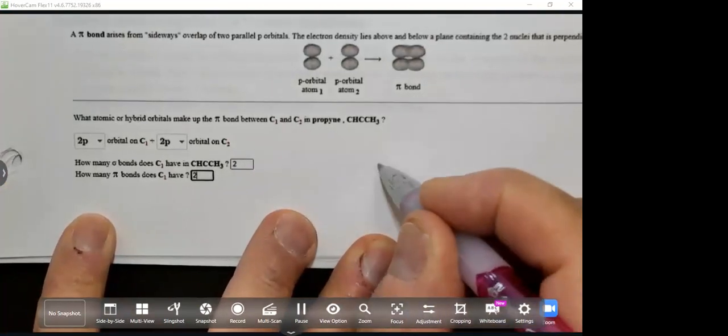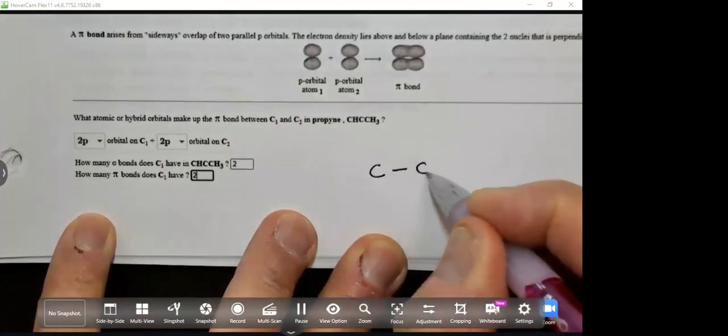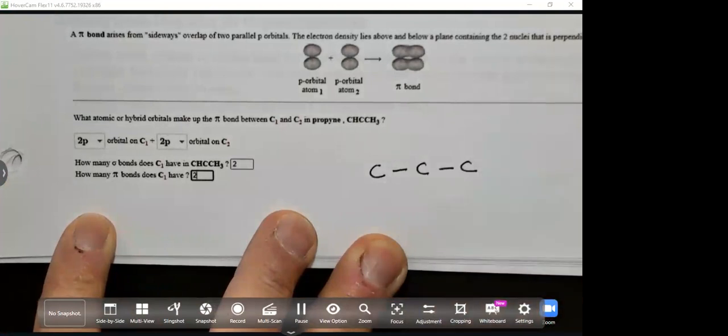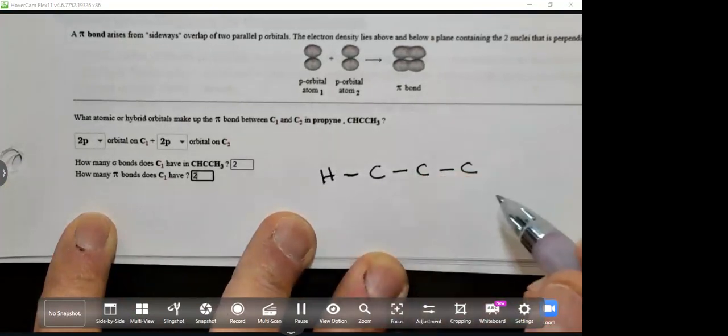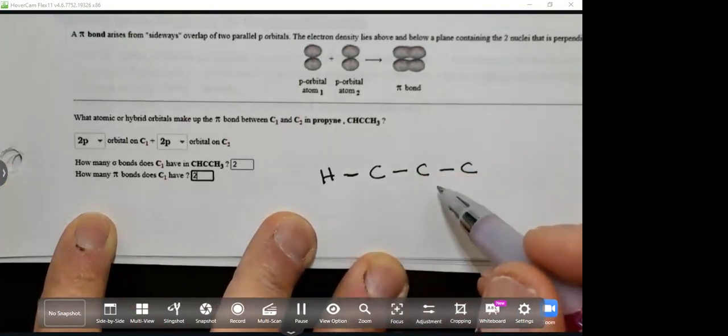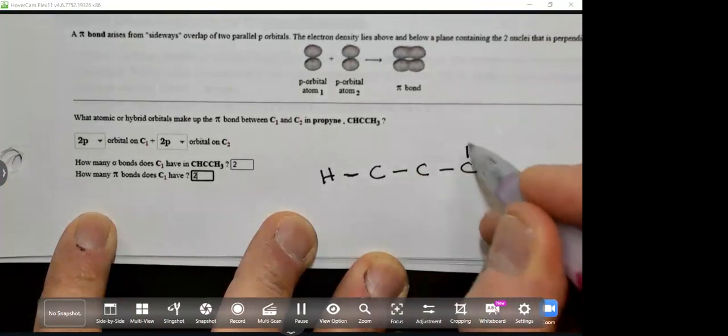In this one, we would draw this out. We've got carbon, carbon, carbon. Got 1 hydrogen. No hydrogen in the middle.